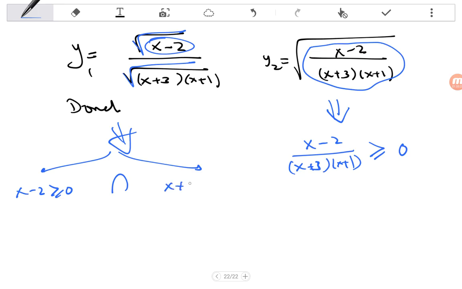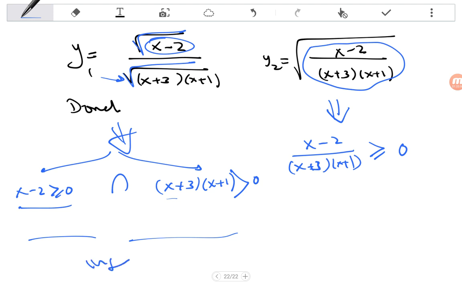It will give me that x plus 3 times x plus 1 is greater than 0. Only greater than. I will not put an equal sign because that root is in the denominator. So I find the solution of this and the solution of this inequality, then I find the intersection between both.